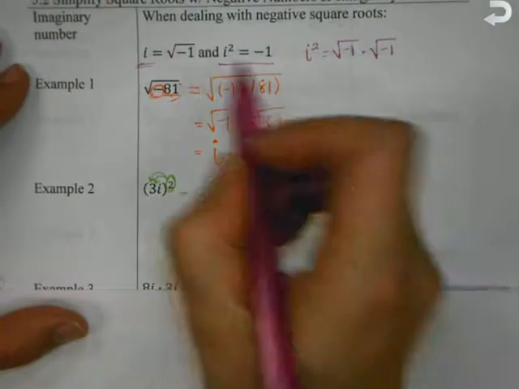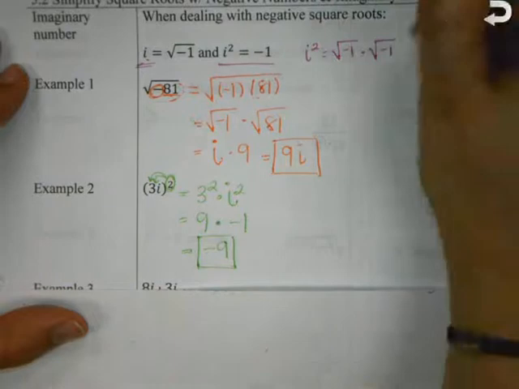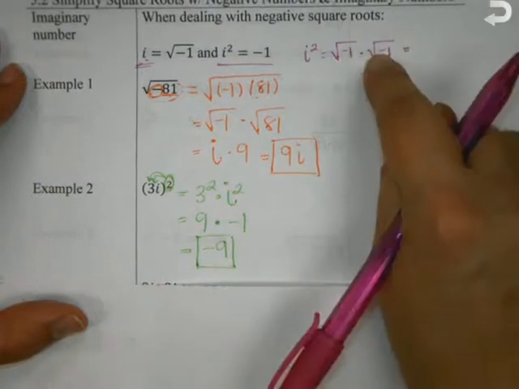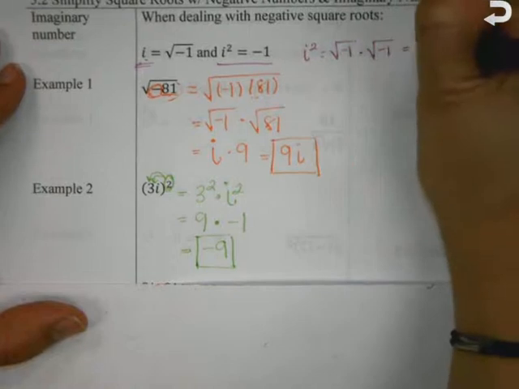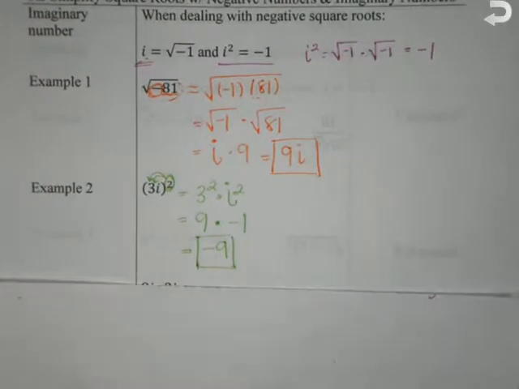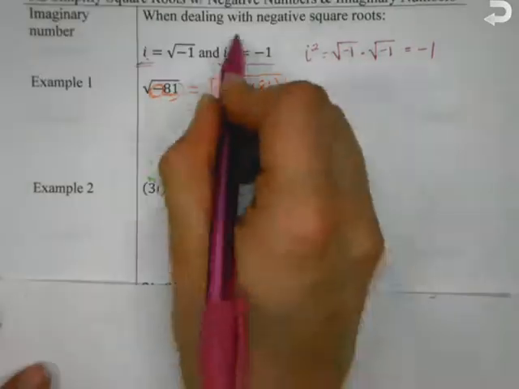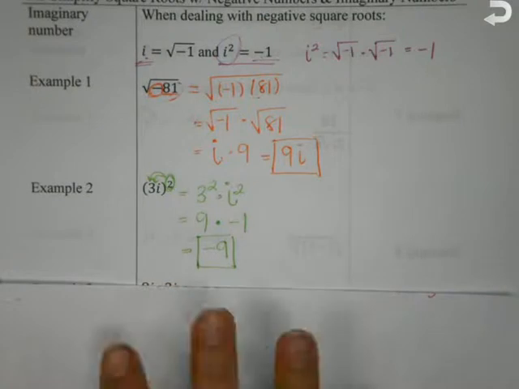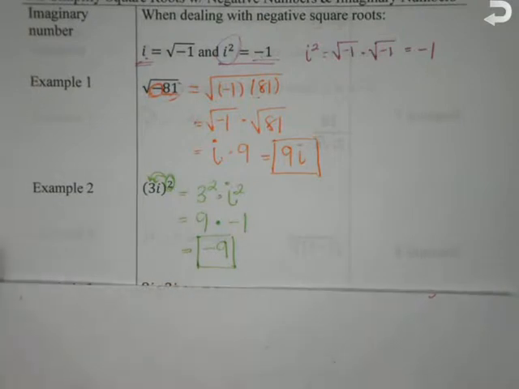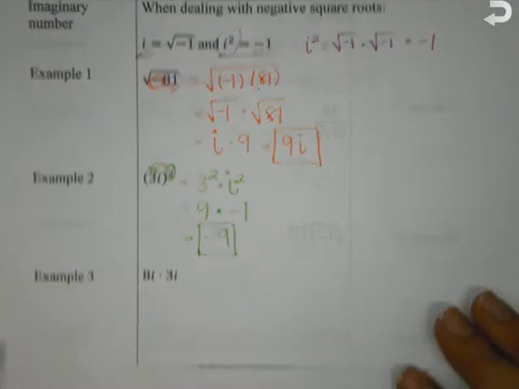Those square roots cancel each other out. So it comes out to just what's on the inside, which is -1. So that's how i squared equals -1. Anytime you see an i squared, just automatically replace it with -1. It's just substituting back in. Make sense? Kind of? Let's try another one. Example 3. 8i times 3i.